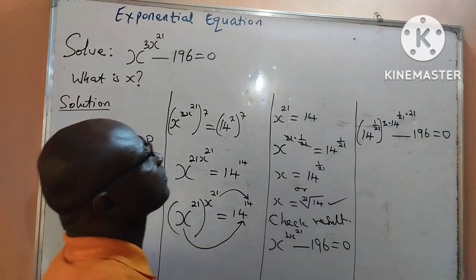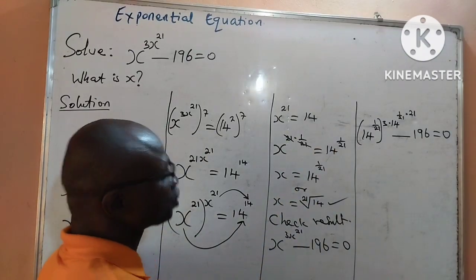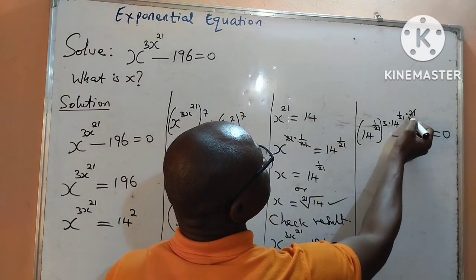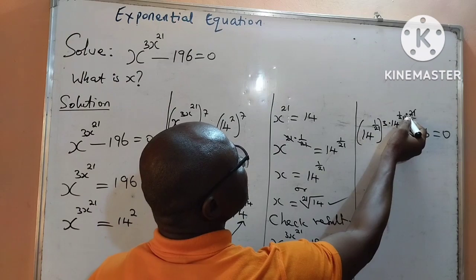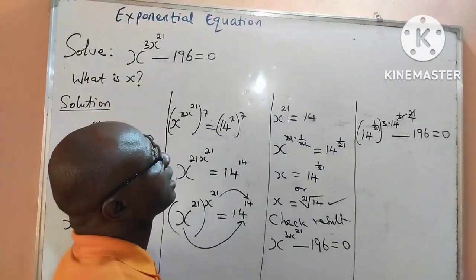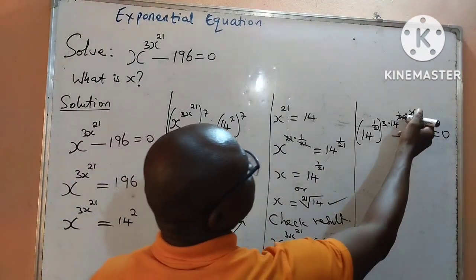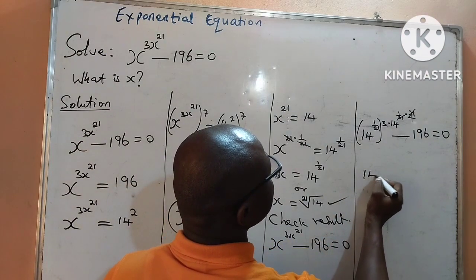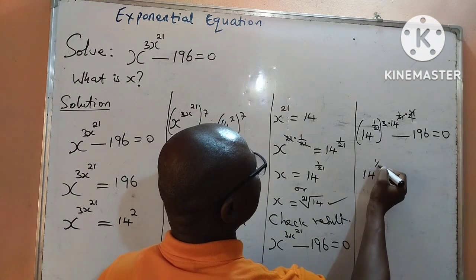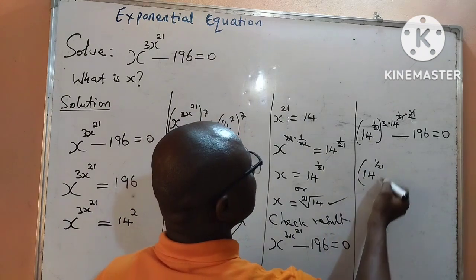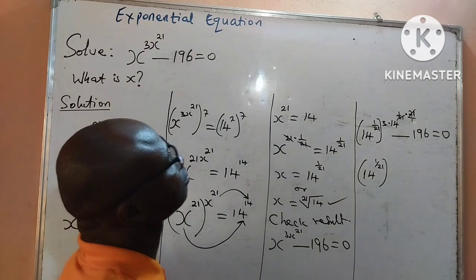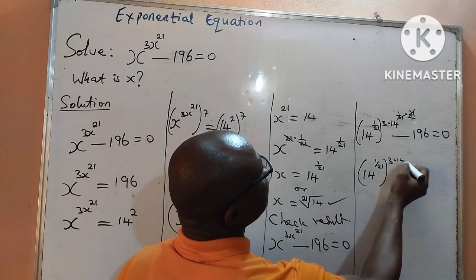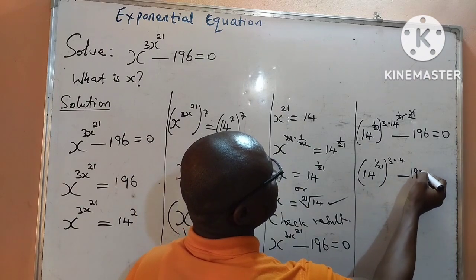Now, I want to start from the uppermost exponent. That means this is 21, just like 21 over 1, cancelling out this 21. So I will now have left on that side 14 to the power of 1 over 21, then multiplying 3 multiplied by 14, then minus 196.